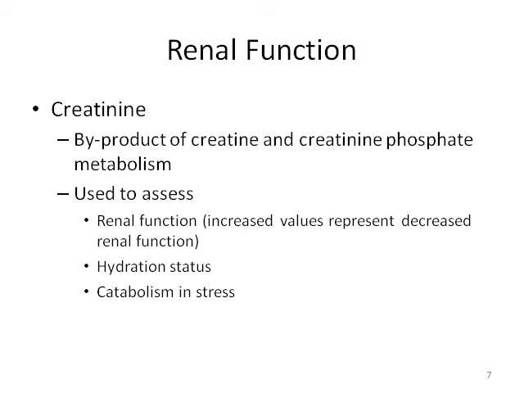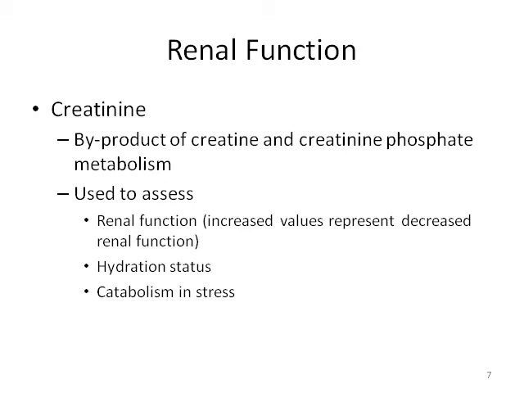So if we see creatinine levels going up, this could mean that our kidneys are not functioning. But again, just like the BUN levels, the creatinine is subject to, for example, hydration status, whether muscle tissue is being broken down.